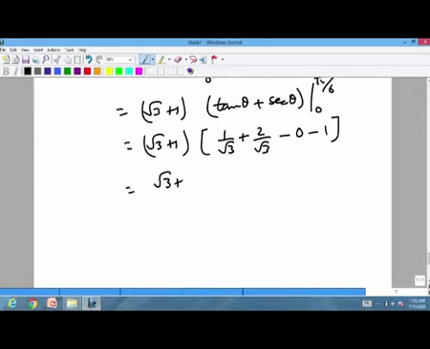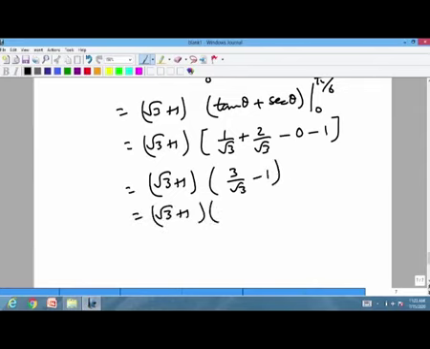This is root 3 plus 1 times 3 by root 3 minus 1. So, root 3 plus 1 times root 3 minus 1 is equal to 3 minus 1, which is 2. So, therefore, the value of the integral is equal to 2.